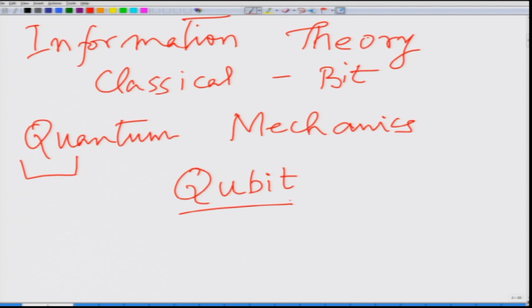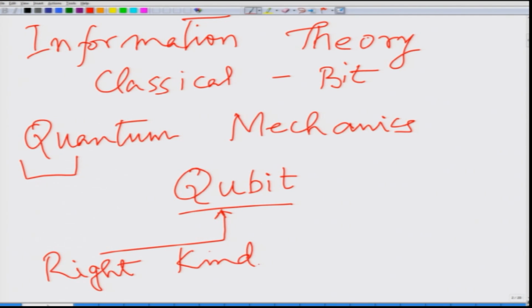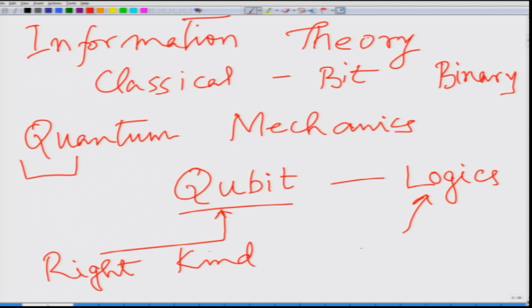Part of the problem which remains in quantum computing is to first find the right kind of qubit. That is one of the first challenges that you have. If you want to build a proper parallel, then since bits are dealing with binary objects, in qubits also you will be looking for logics which will follow the binary principle.